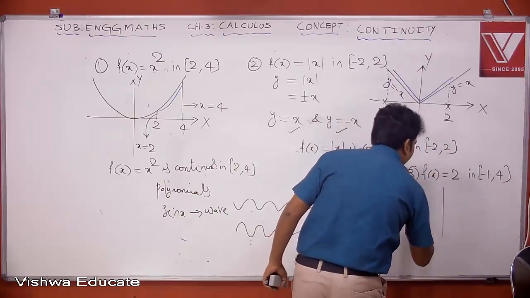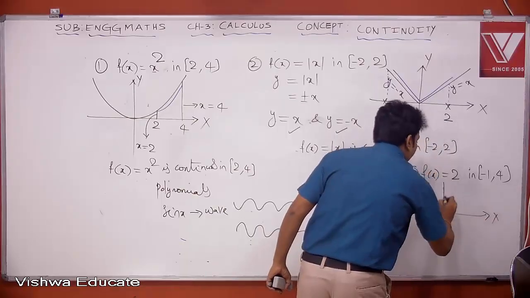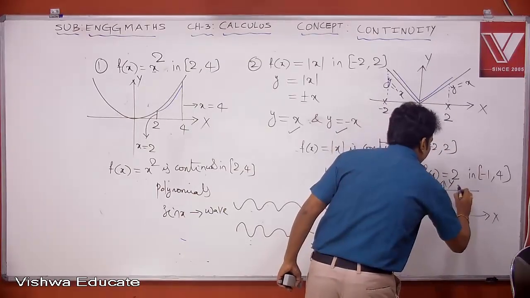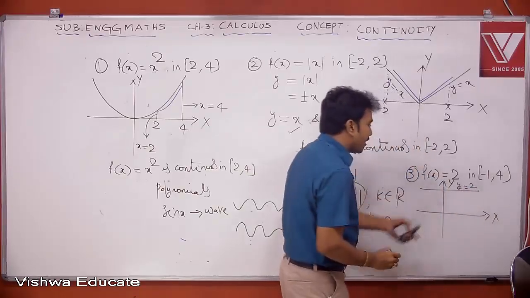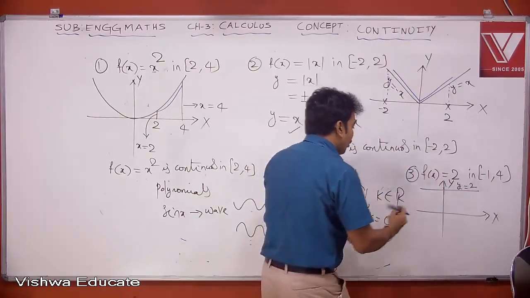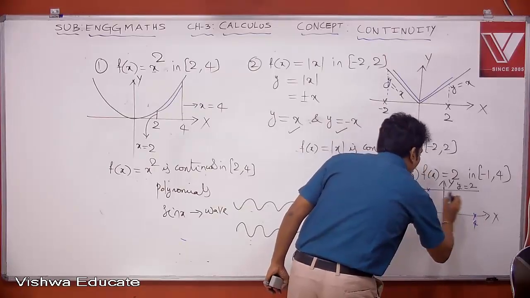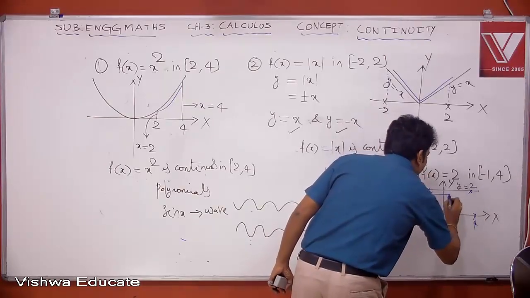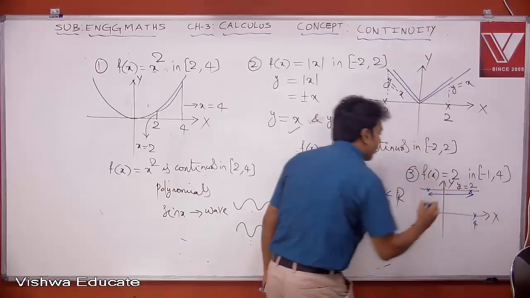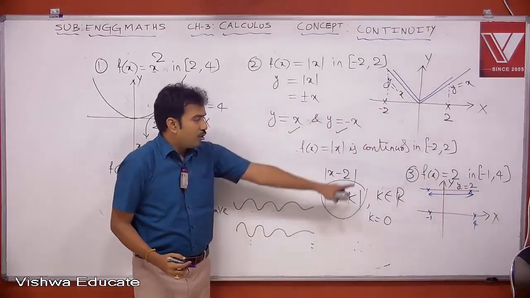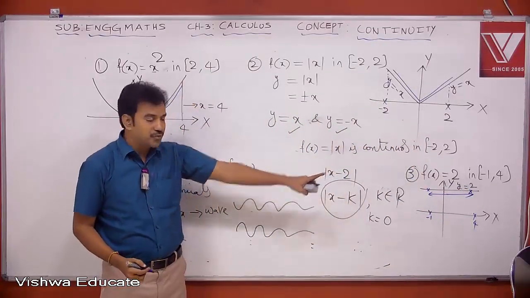Now the graph will be like this, x-axis and this is y-axis, and this is y equal to 2, a straight line. So this is a straight line parallel to the x-axis. This is minus 1 say and this is 4. From this point to this point, the graph will be a straight line. So no break at all. Therefore all constant functions are continuous.